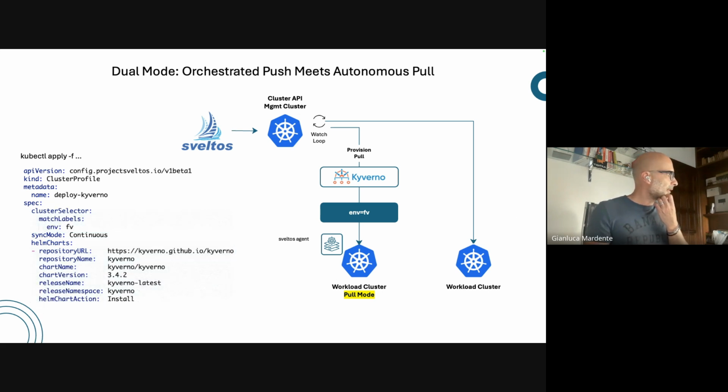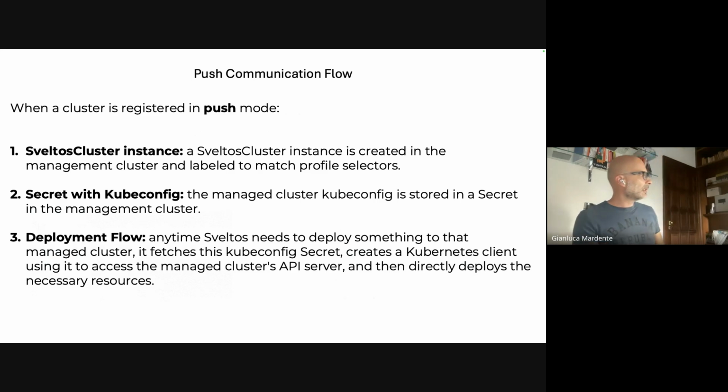This is the same. Now, again, this is a summary, and then we go to the demo. When a cluster is registered in push mode, a Sveltos cluster instance is created in the management cluster, and we add labels to this cluster. The labels are what Sveltos uses to identify what type of application or add-ons need to be deployed on a cluster.